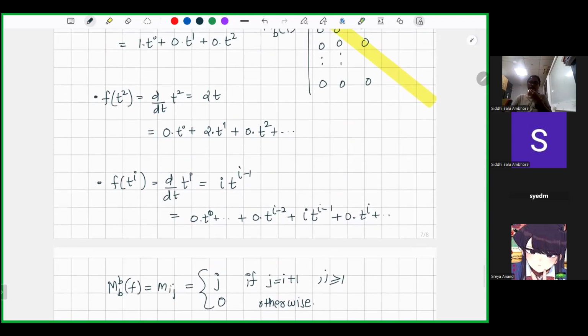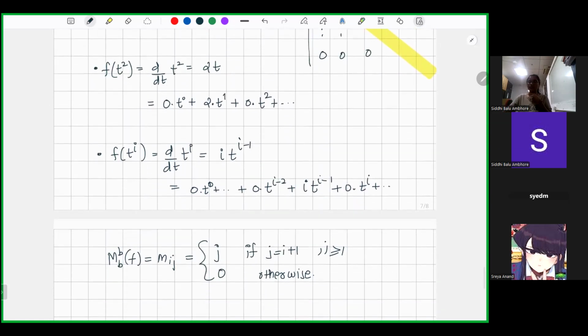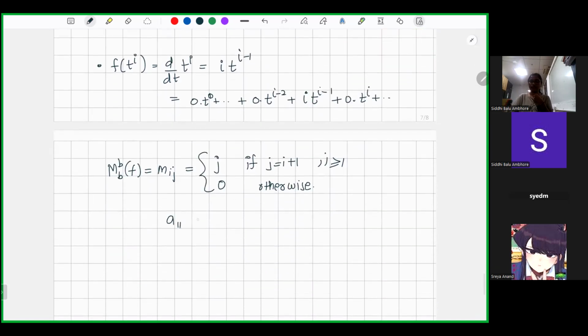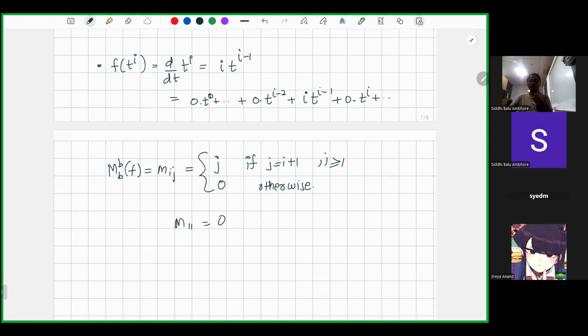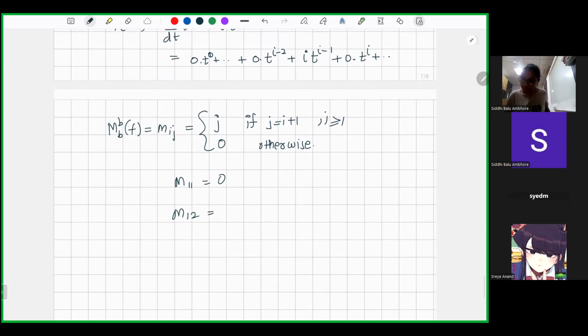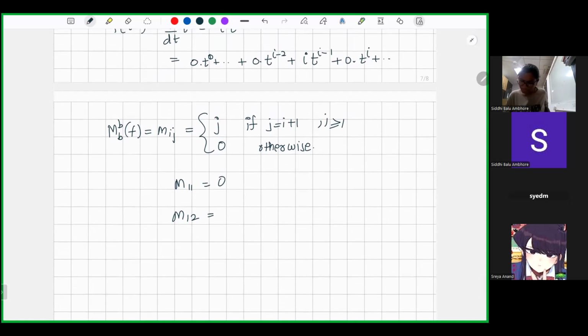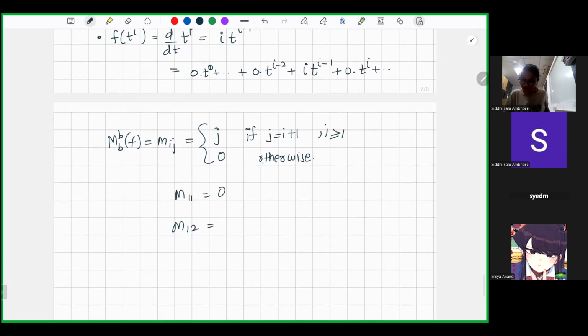So M_ij, where j must be i plus 1. My M11 entry here will be 0, because here j is not equal to i plus 1. But M12, first row, second column, is 1.